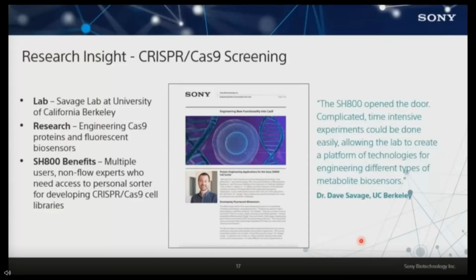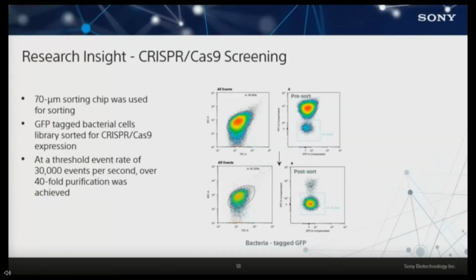A quote from Dave Savage: the SH800 opened the door. Complicated, time-intensive experiments could be done easily, allowing the lab to create a platform of technologies engineering different types of metabolite biosensors. And again, none of this is really complicated or challenging. It's pretty much a straightforward sort, using a 70 micron chip. GFP tagged bacterial cells from the library are sorted with CRISPR-Cas9 expression.